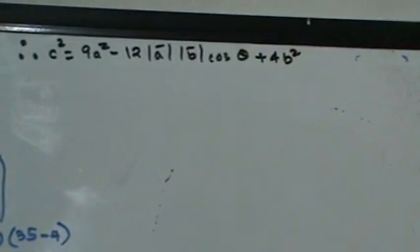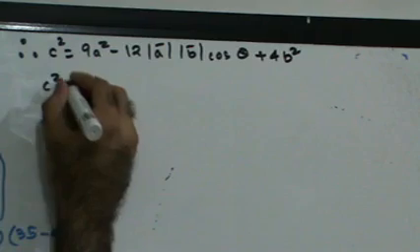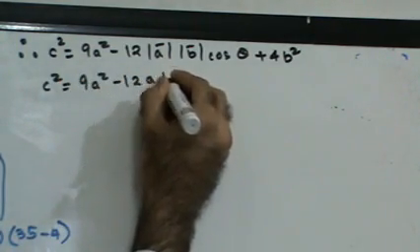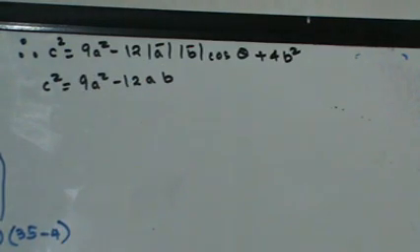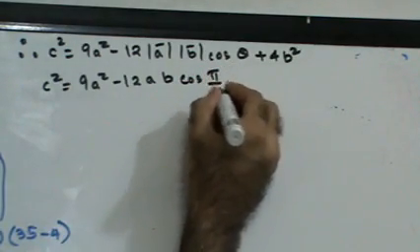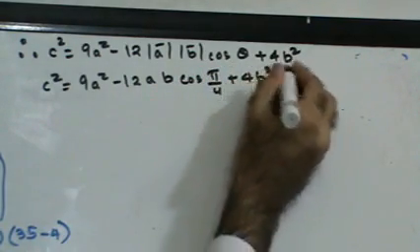This can be written as c square is 9a square minus 12ab cos theta, where theta is given to you as pi by 4, plus 4b square.